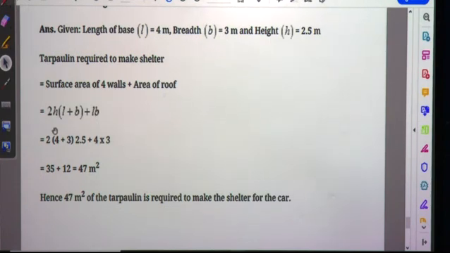So it is 2(4 plus 3) into 2.5, that is the value of h, plus 4 into 3. That is 35 plus 12, which is equal to 47 meter square. Hence 47 meter square of the tarpaulin is required to make the shelter for the car.